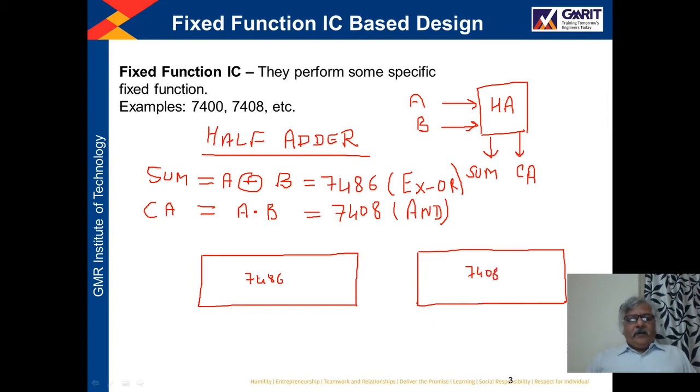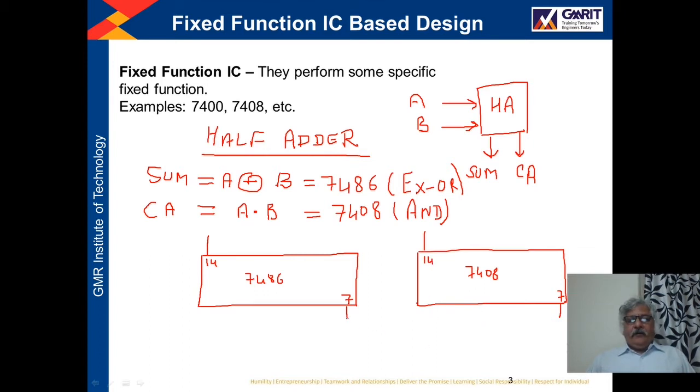Now these ICs are 14 pin ICs. Pin number 7 in both the ICs is to be connected to ground, and pin number 14 is to be connected to VCC, right?